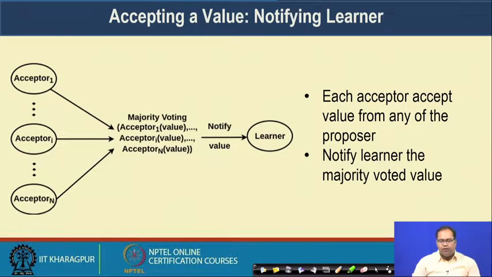Now, whenever the acceptor accepts values from the proposer, it informs the learner about this majority voted value. So, everyone learns what the majority vote in the environment is.